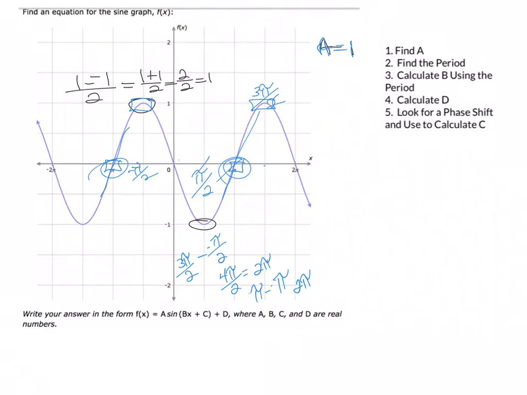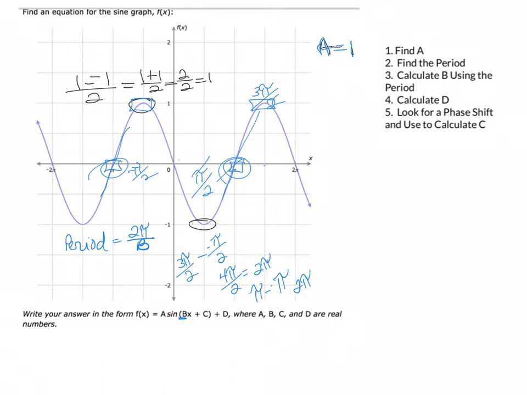So with a period of 2 pi, I can calculate B. So that's why I calculate my period. So that's step 3. The formula for period is, if you recall, period equals 2 pi over B. So I'm going to use that to find B because that's another component of my equation that I need.